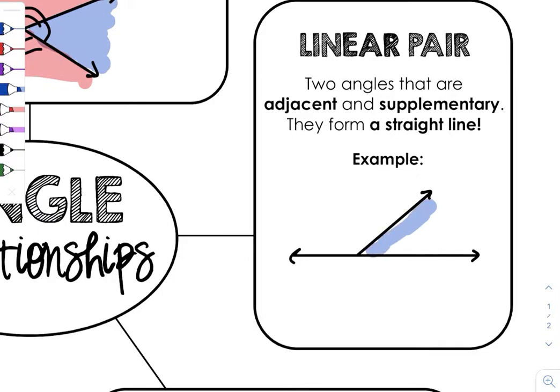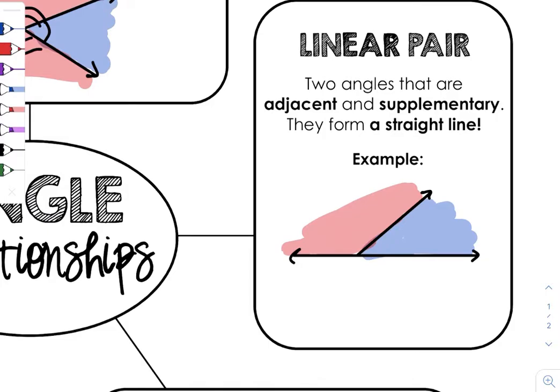We have the blue angle, right, and that is adjacent here to the red angle, and they make up 180 degrees. We know this because they make a straight line. Right here I could see this straight line. These two angles make up that straight line of 180 degrees. So therefore they are both supplementary and adjacent, because here they have that side in the middle that they share. All right, so this is a linear pair.